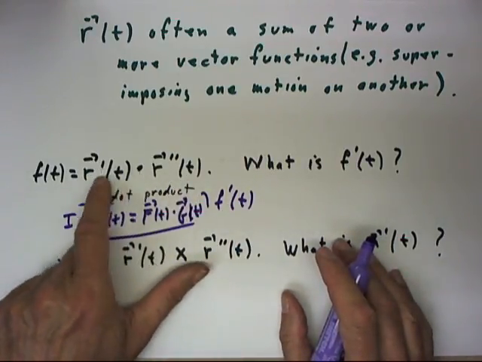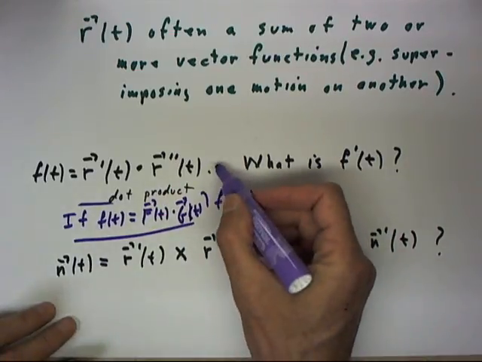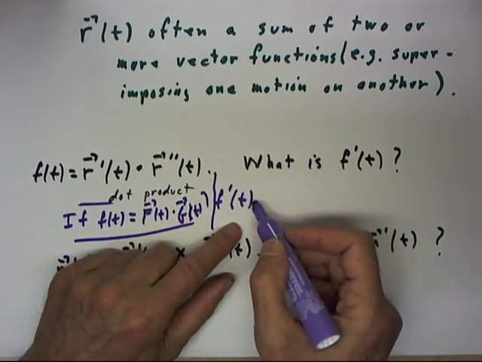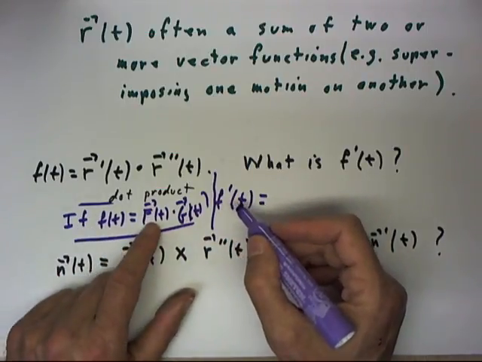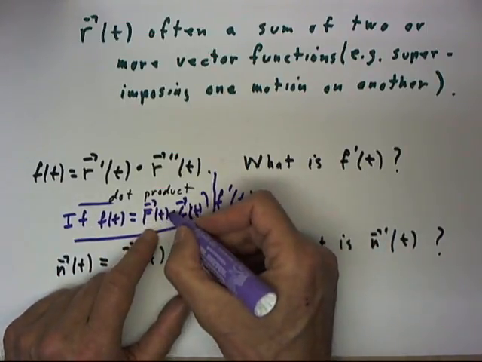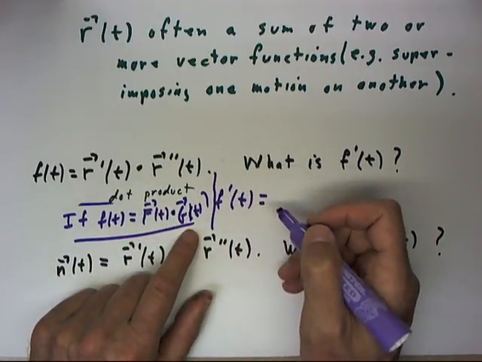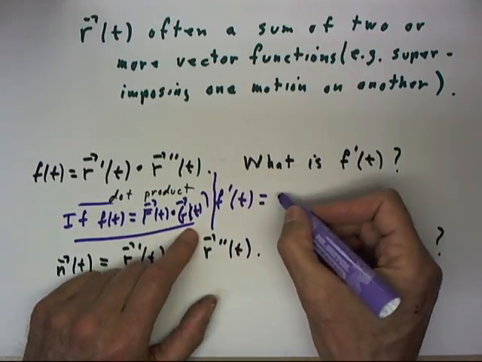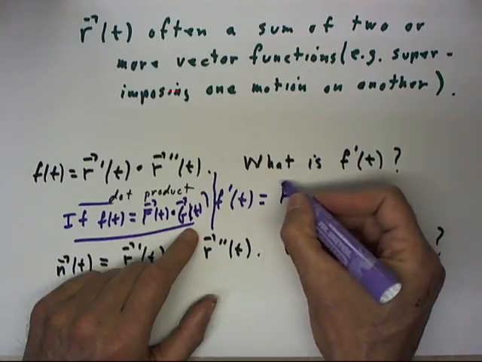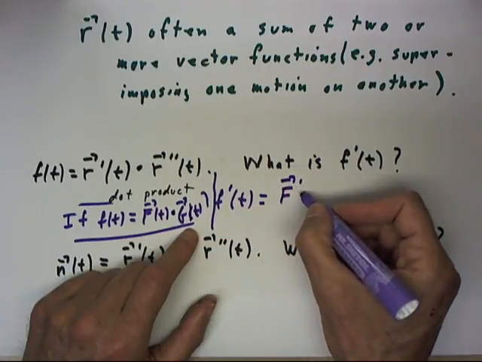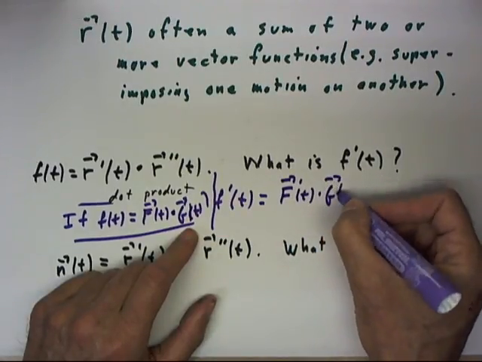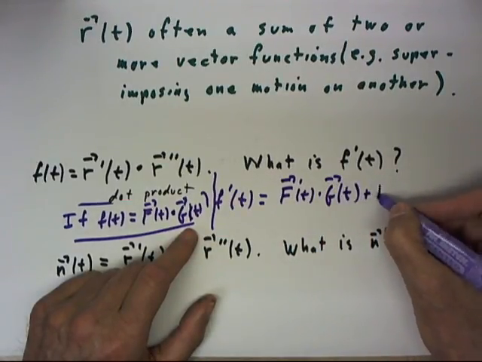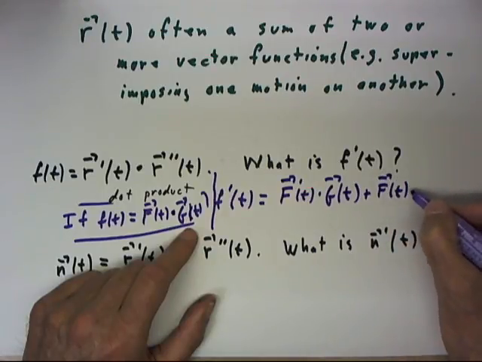Okay, so we're going to say f prime of t is just going to be, okay, again, if f of t is a dot product of 2 vector functions, F of t and G of t, then f prime of t is just F prime of t dot G of t plus F of t dot G prime of t.